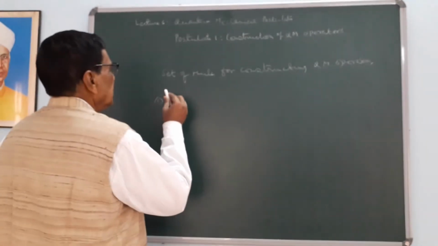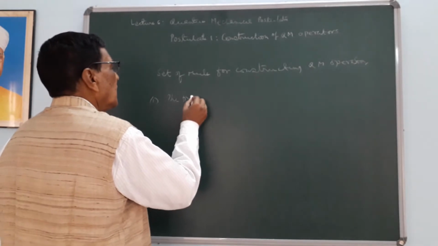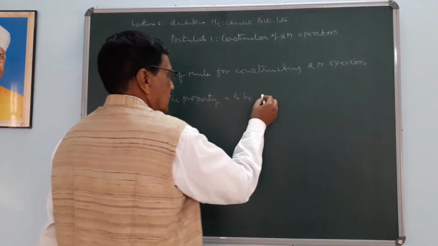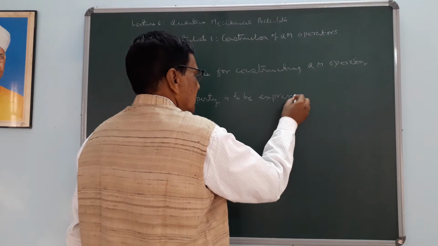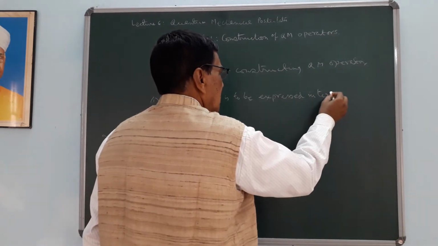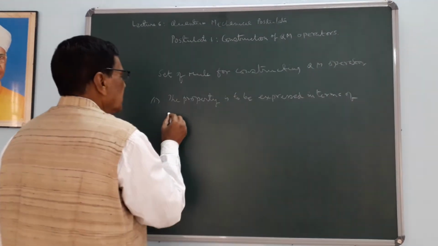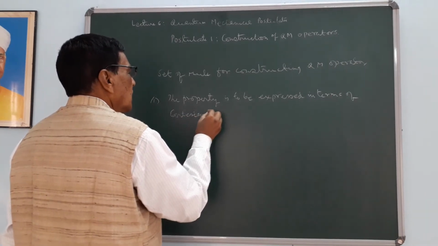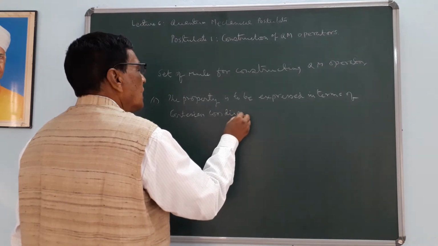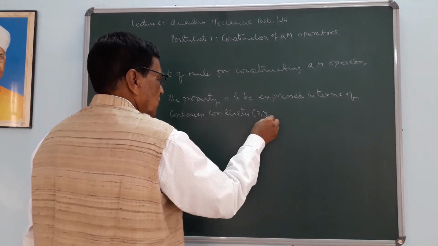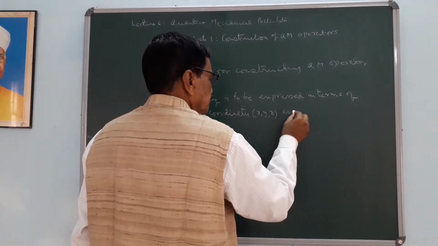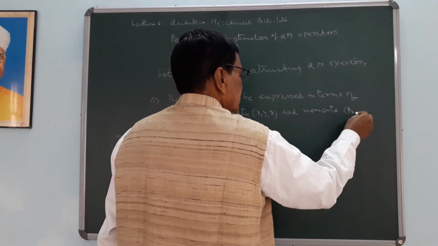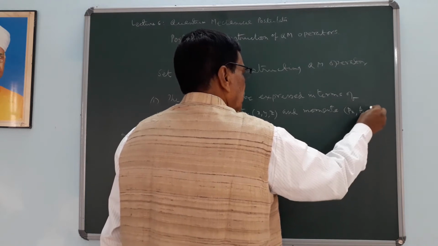So the first one, the property is to be expressed in terms of Cartesian coordinates x, y, z and momentum Px, Py and Pz.